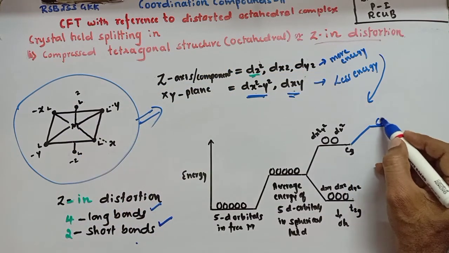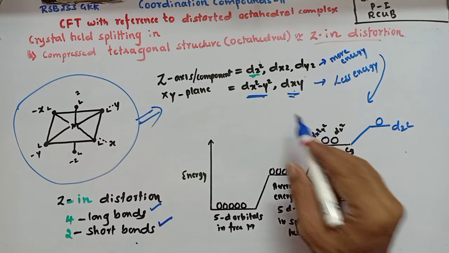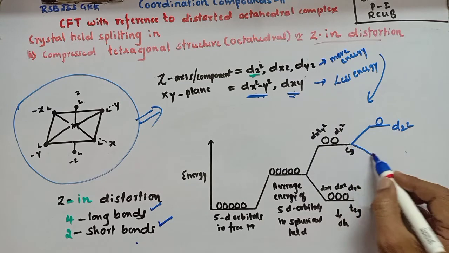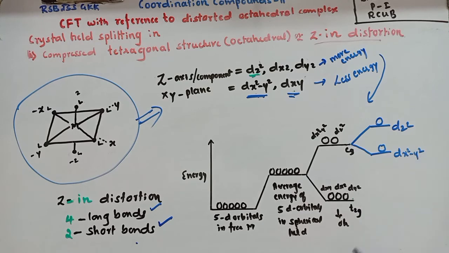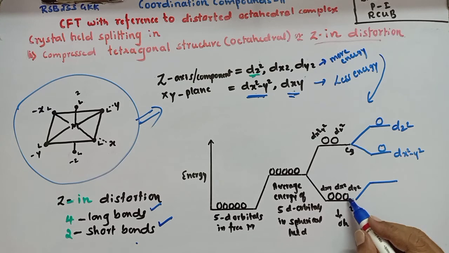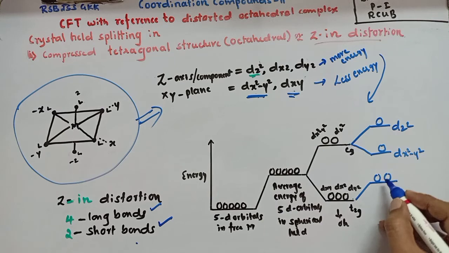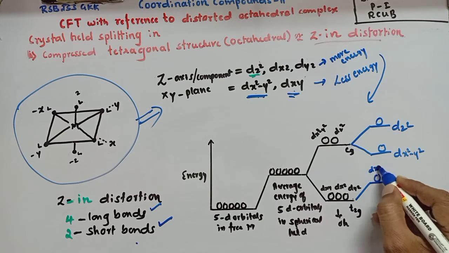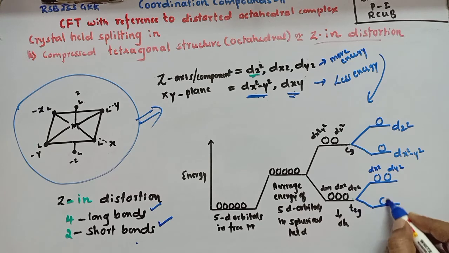Similarly, dx square minus y square will have less energy. From the t2g set, dxz and dyz orbitals will have higher energy, and in the Z-in distortion case, dxy will have lower energy.